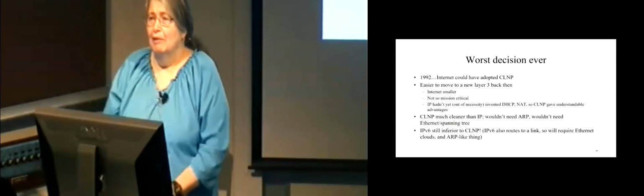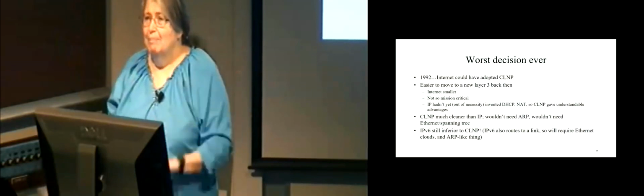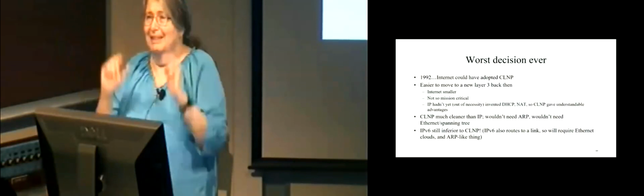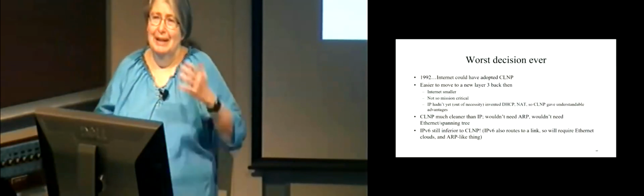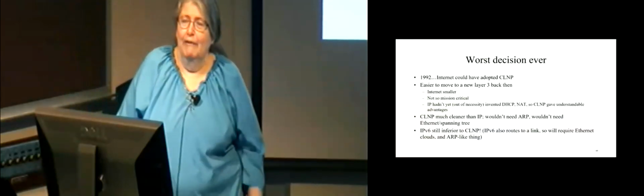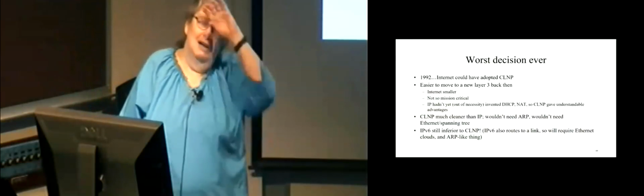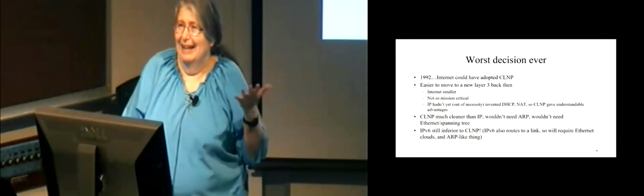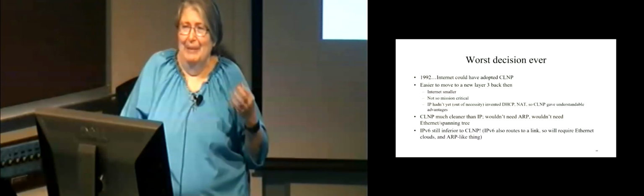And so, snapping our fingers, we would have had big addresses within a month of that decision, except, again, this sports team mentality. A few vocal people were saying, we can't let ISO think that anything they did was any good.